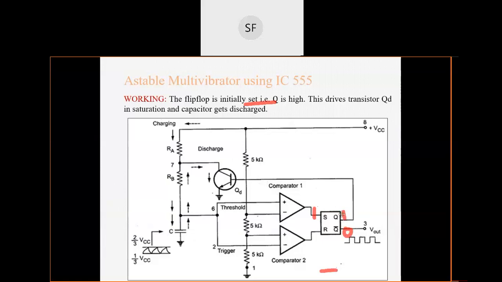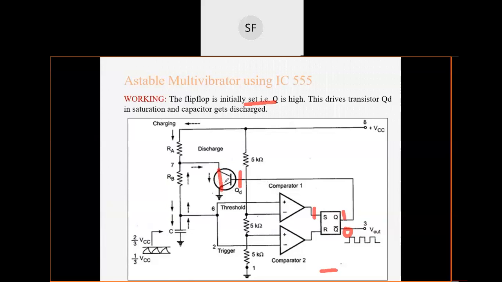Then since Q is high, the base of the transistor will become 1. The transistor is used in the saturation region, so it will act as a short circuit.